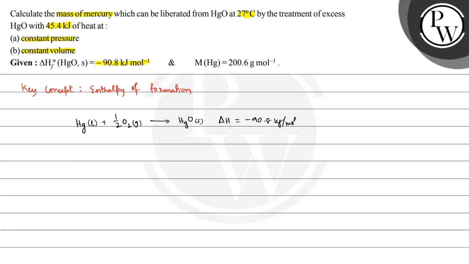किलोजूल पर मोल. बट हमें पूछा गया है कि how much mass of mercury will be liberated from HgO अगर हम उसमें 45.4 kilojoule of heat apply करें. So we are basically applying heat to mercuric oxide.